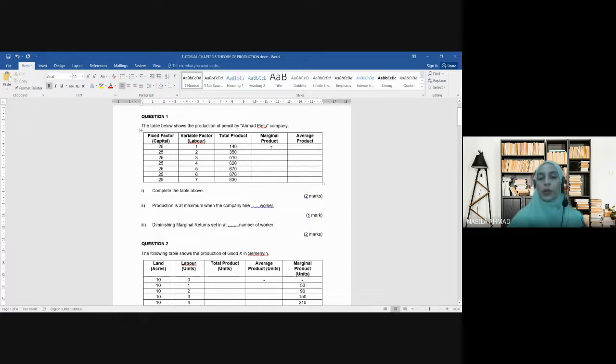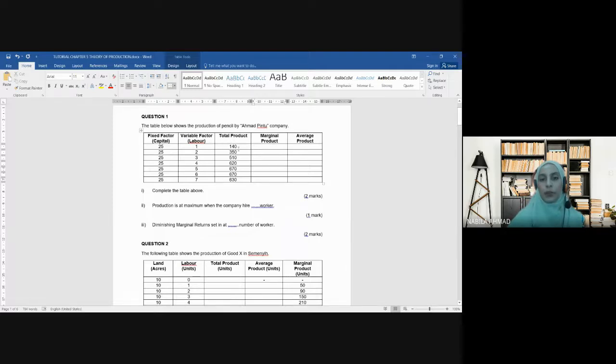So how to complete the table? Jadi kita kena cari marginal product. So kita ingat balik lah formula marginal product dia apa? Change in total product bahagi change in labor. Right? So di sini total product, okay, dia start, labor kita start daripada 1, jadi sebelum tu adalah kosong lah. So sini pun juga kosong.